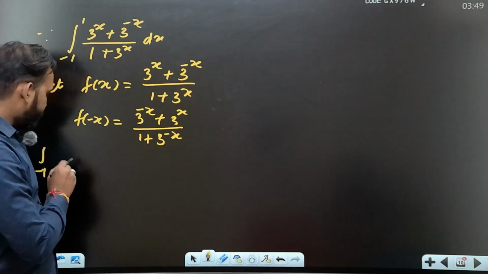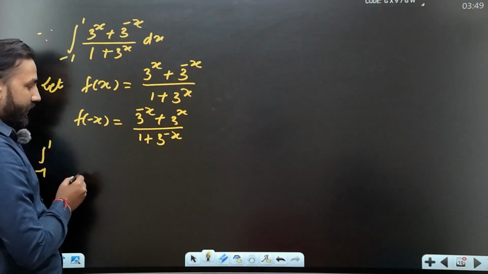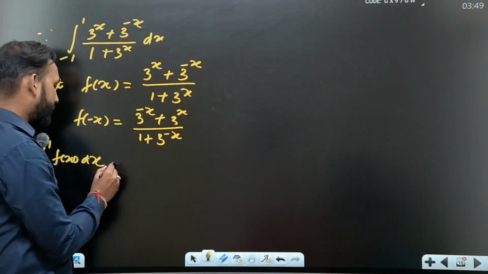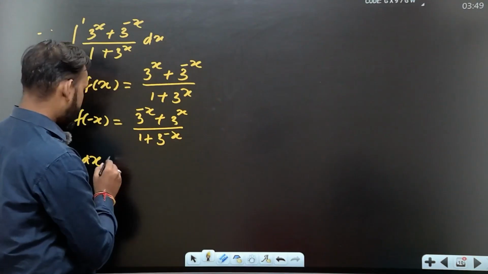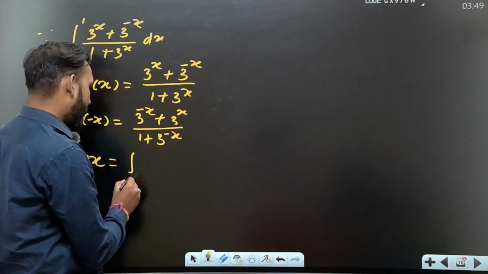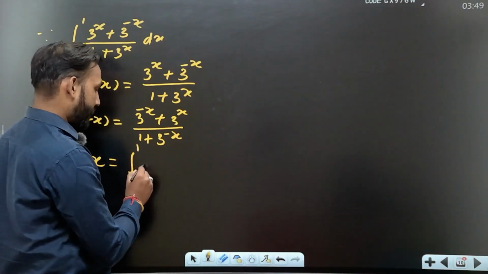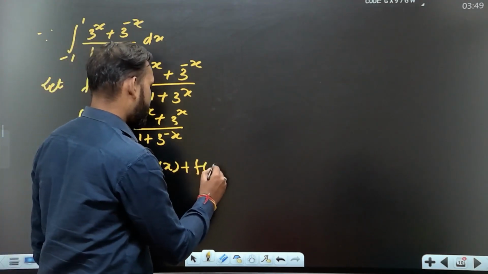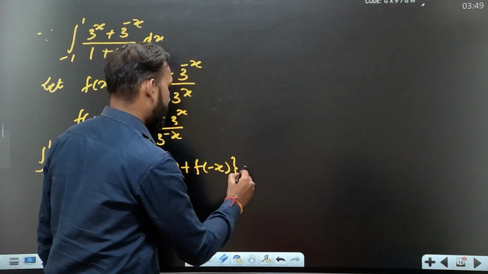Now we put these functions in our formula. The formula is that the integration from minus 1 to 1, or minus a to a, of f of x dx is nothing but the integration from 0 to 1 of f of x plus f of minus x dx.